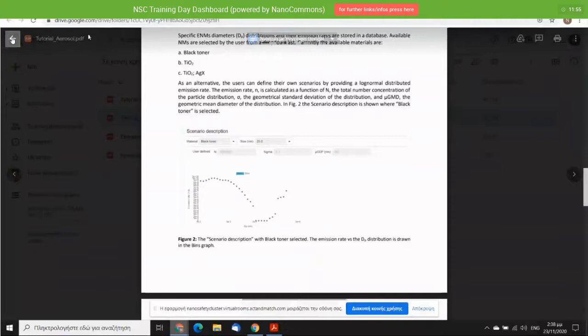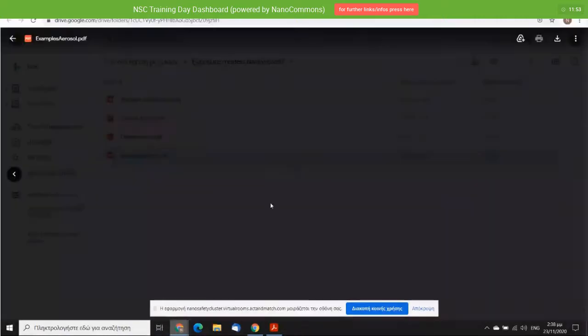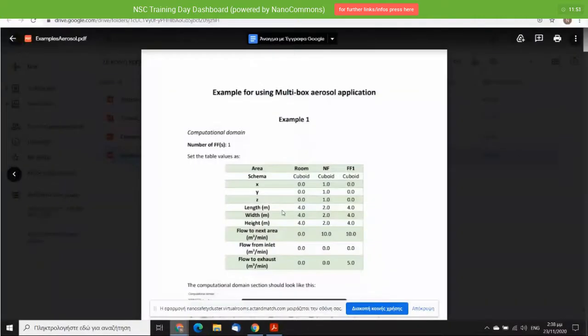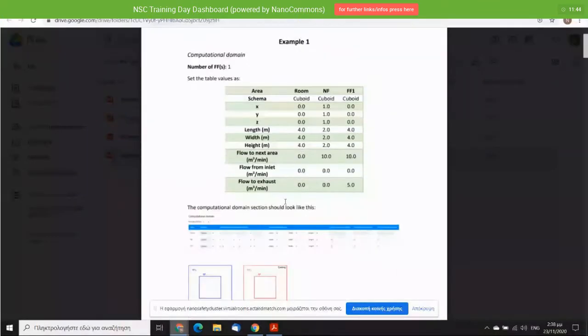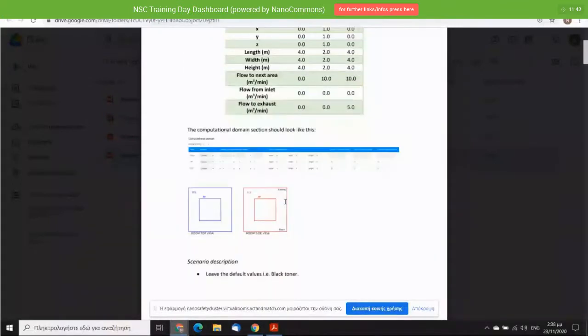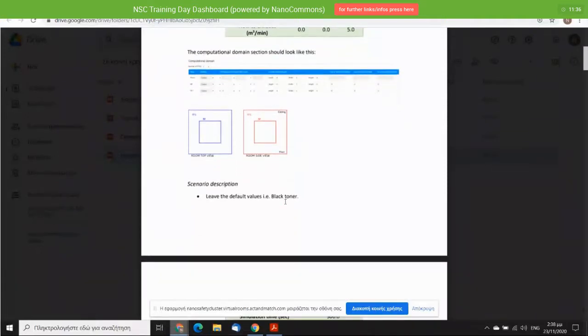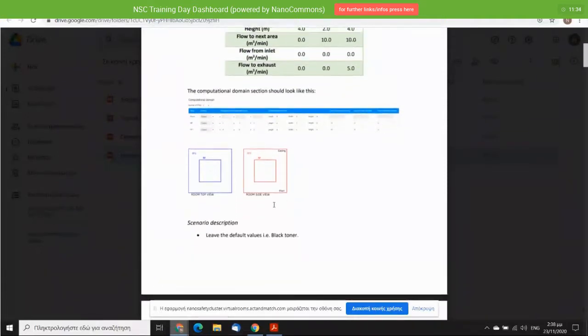But we have also gathered the examples that we're going to use today. These are exactly what we're going to do. So in case you want to do something on your own, or we don't have much time, you can follow these instructions in order to repeat it.